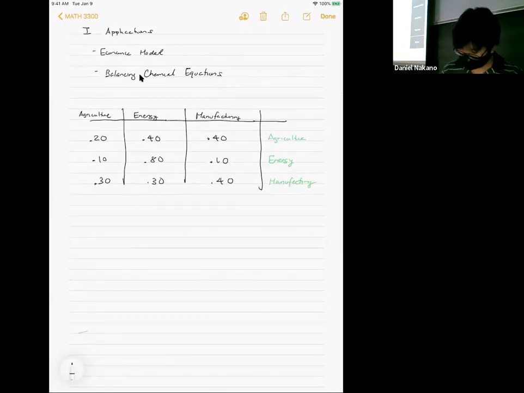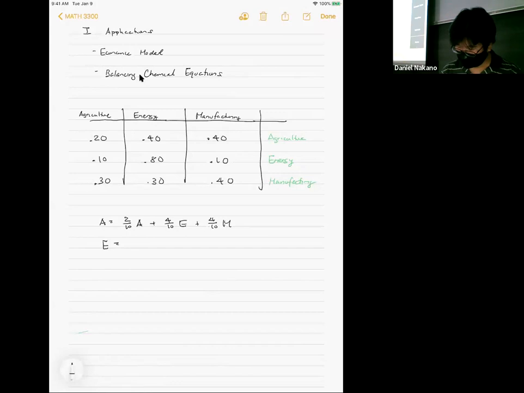Okay, so we have this table, and from this table, we can interpret how much each of the sectors is actually going to have. Agriculture is going to keep 2/10 of what it has, and then we have 4/10 of E plus 4/10 of manufacturing. And then the energy. What should these fractions be?